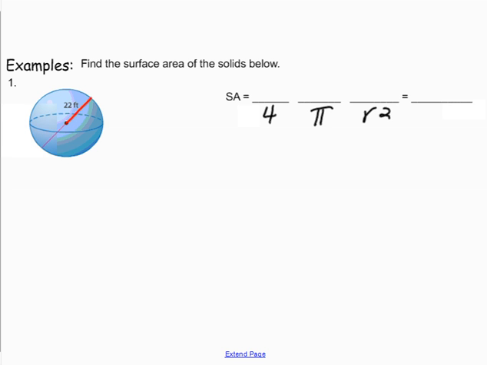So we're going to make this radius 11 squared. And this is 4 and pi. When you calculate that, you get 1,520.5 feet squared. So that's the surface area of that sphere.